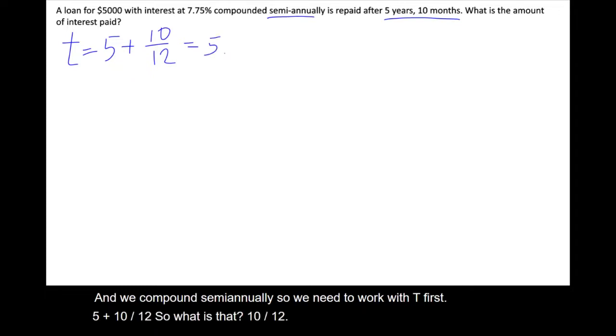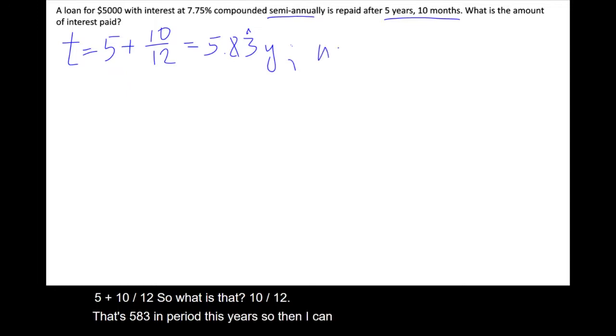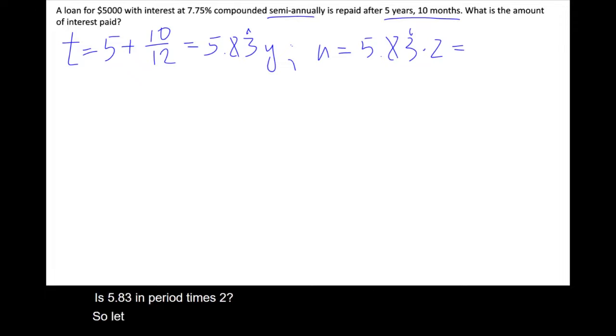That's 5.83 in period. That's years. So then I can calculate n, which is 5.83 in period times 2. That's 11.67 in period.